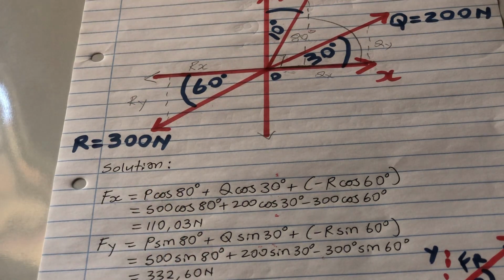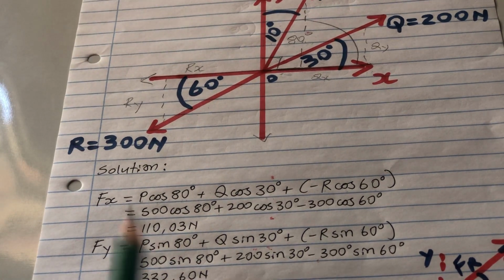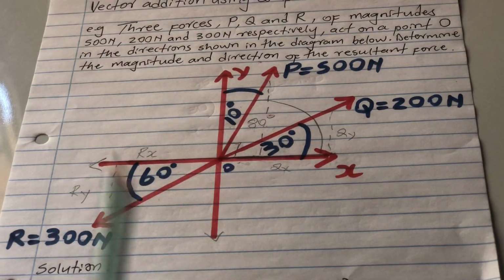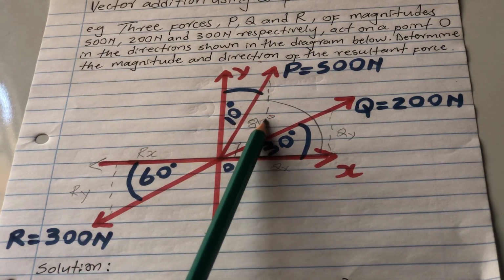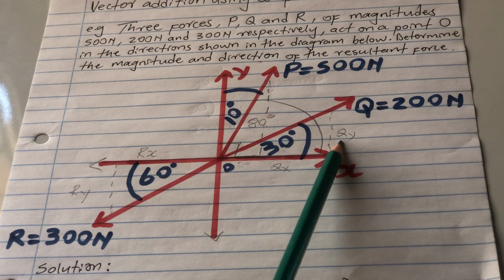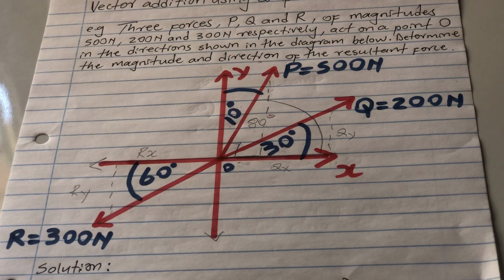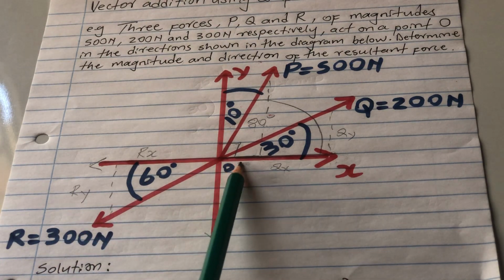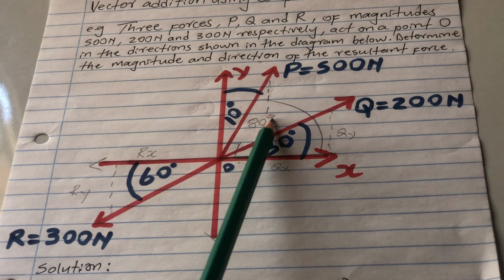Now, we must look for the y component. We'll go back to the Cartesian plane, P, Q, R. This is the y component of P. This is the y component of Q. This is the y component of R. Then, what is the formula for calculating the y component of P?